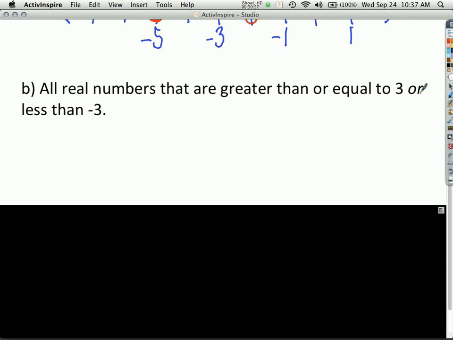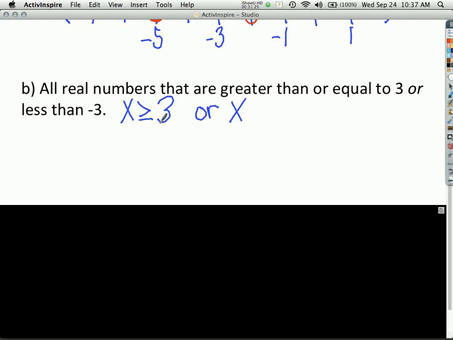Since we have an or inequality, we're just going to write the word or, and then we're going to write an inequality on the left and an inequality on the right. And this time we're going to have 2 x's, an x and an x. Start with the first one. All real numbers that are greater than or equal to 3.